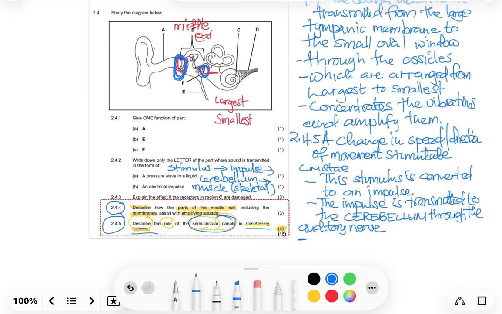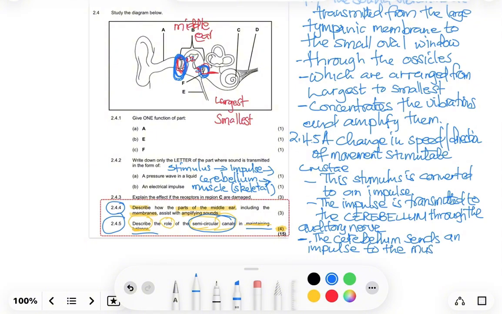So the cerebellum, after interpreting, sends an impulse to the muscles.